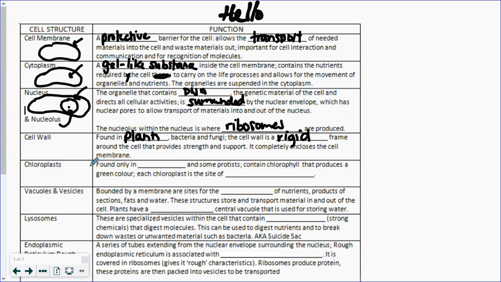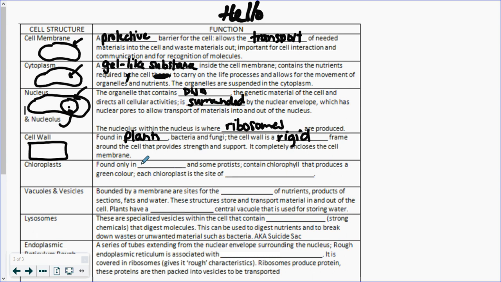It completely encloses the cell membrane, so it's actually outside of the cell membrane, and it just provides support for the cell so that it doesn't get smushed or anything like that. So usually we represent plant cells as relatively rectangular. I guess it would be more of a square or rectangular prism over circular or spherical.